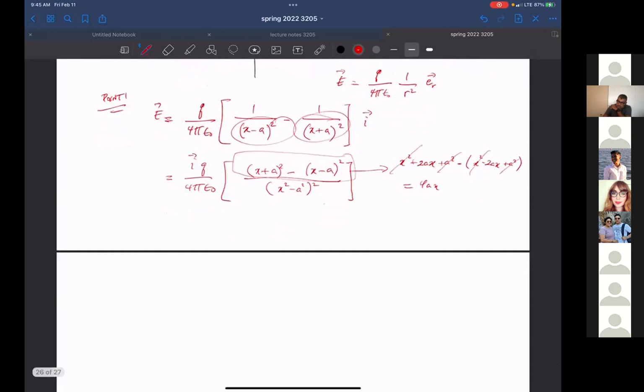Okay, so then you would end up with i Q over 4 pi epsilon naught, 4ax over x squared minus a squared, squared. So this is the formula for the E field on the x-axis for a dipole.